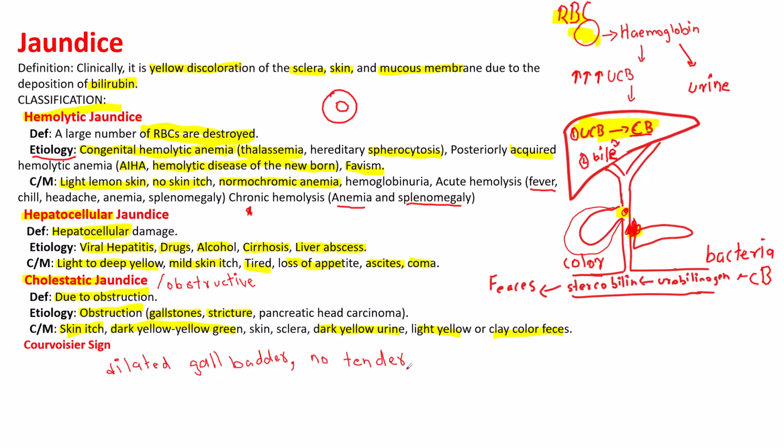Third, we have cholestatic or obstructive jaundice. If these three signs are present, it most likely leads us to think the jaundice is due to pancreatic head carcinoma, not due to stones. This is the Courvoisier sign.